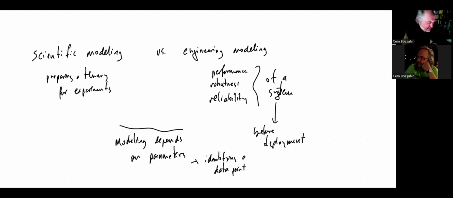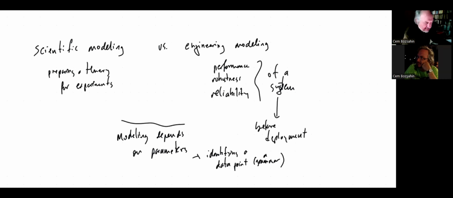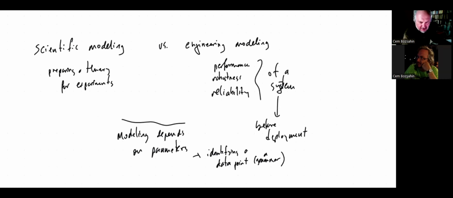In our case, a data point is essentially a grammar. Among the many possible grammars that you can have for natural languages, every data point is essentially a grammar, which is itself a collection of entries in the grammar, elements of grammar, so to speak.